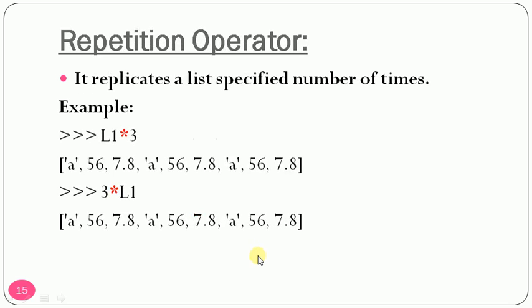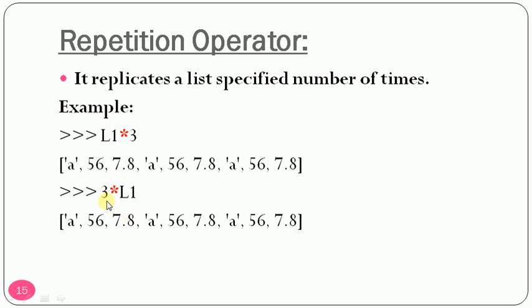Now let's look at the repetition operator. It is the asterisk sign, the star sign. It replicates a list the specified number of times. Look at this one, L1 into 3. That means L1 will be repeated 3 times. L1 is A, 56, 7.8, so this is repeated 1, then 2, then 3. It is repeated 3 times, as mentioned by the repetition operator.